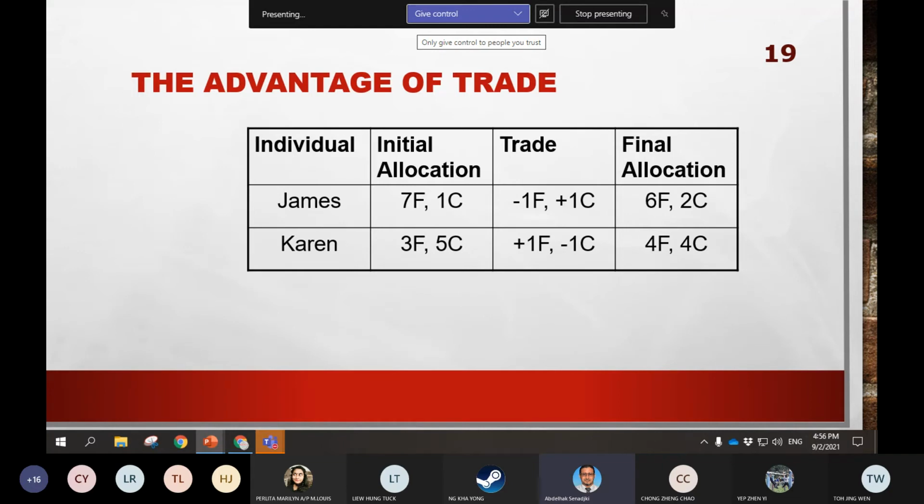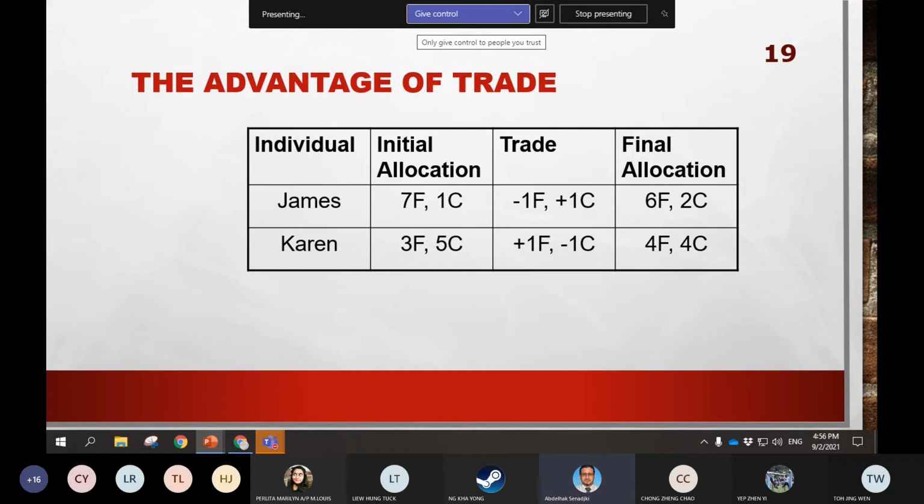But as long as James and Karen's marginal rates of substitution are different, there is still room for a mutually beneficial trade because the allocation of resources is not efficient. Since the marginal rates of substitution are still different, not the same, they can always still find a better way to trade.